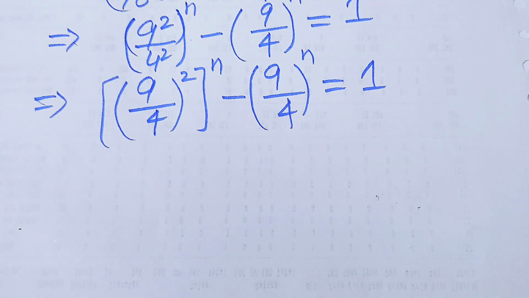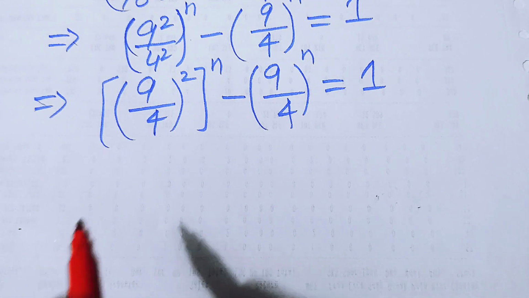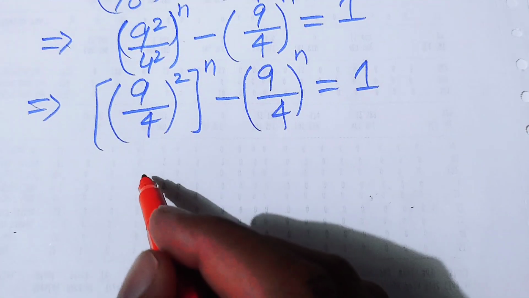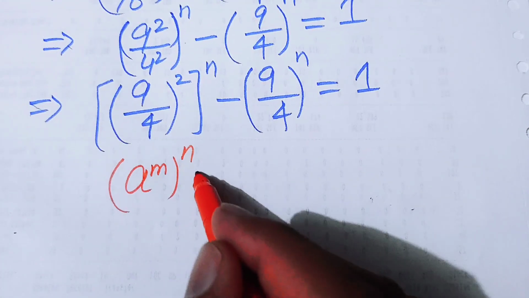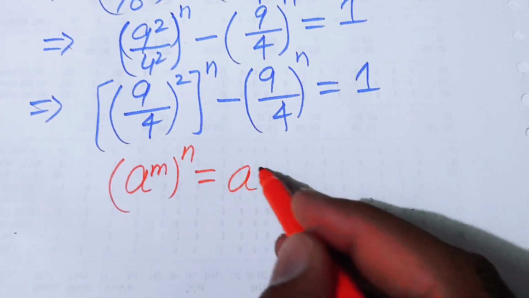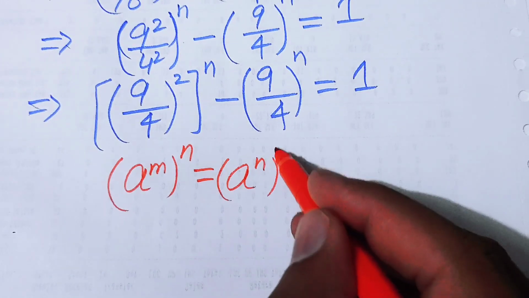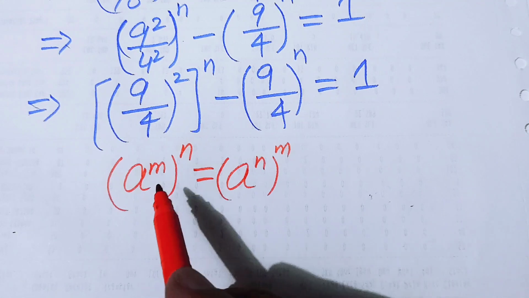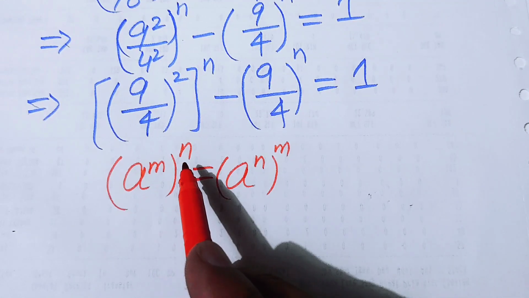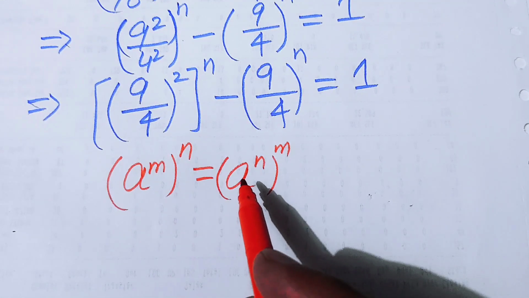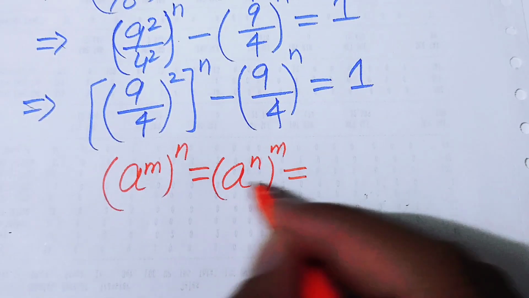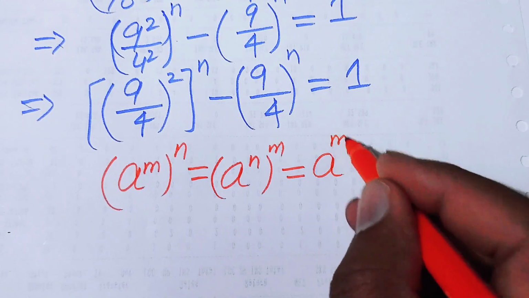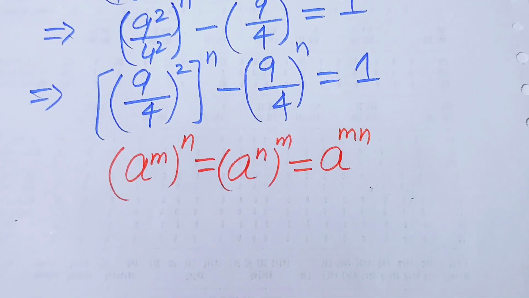In the next step we will use another nice exponential law: if we have a to the power of m and its whole power n, it is equal to a to the power of n and its whole power m. It means that if you interchange these two exponents, it does not affect our final answer, and this is equal to a to the power of m times n.